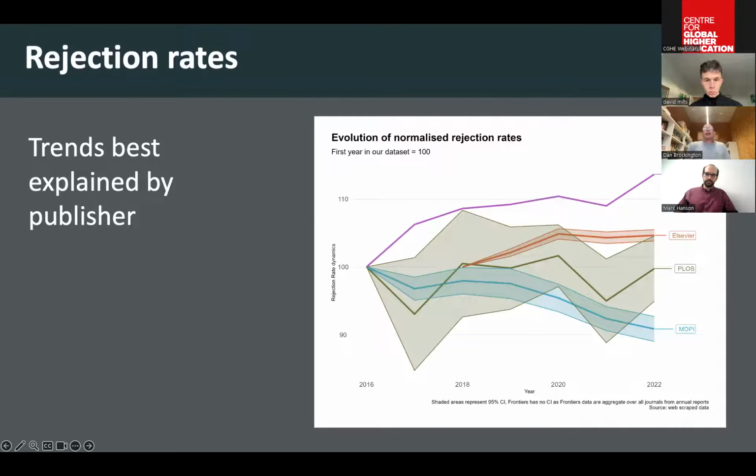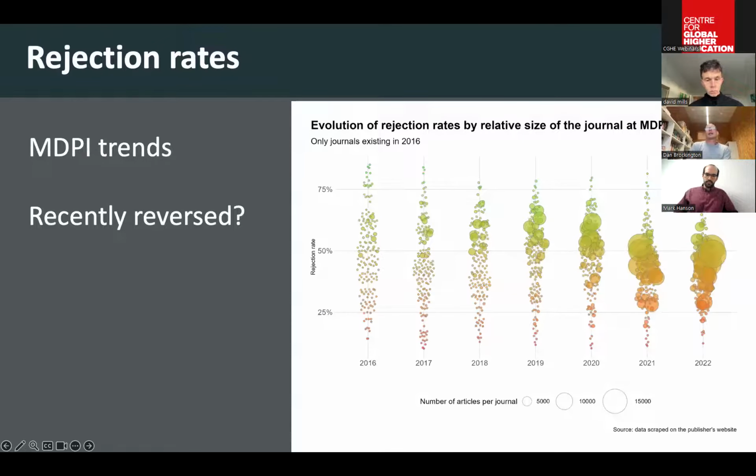If we compare changes in rejection rate to the normalized start from when the data become available, you don't get a cross-sectoral pattern, you do get a within-publisher pattern. And this is, again, most clearly visible within MDPI, where rejection rates have declined as journals have grown. However, the most recent figure from late 2023 suggests that rejection rates have gone up again.